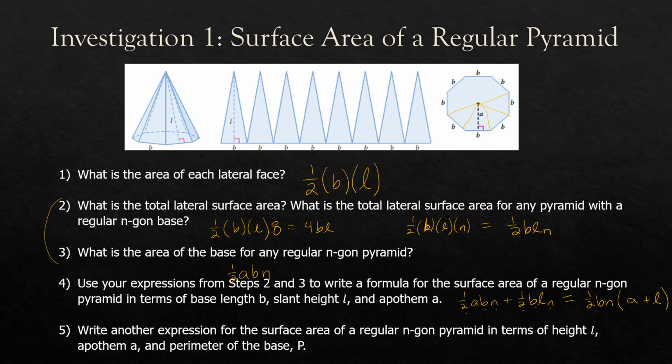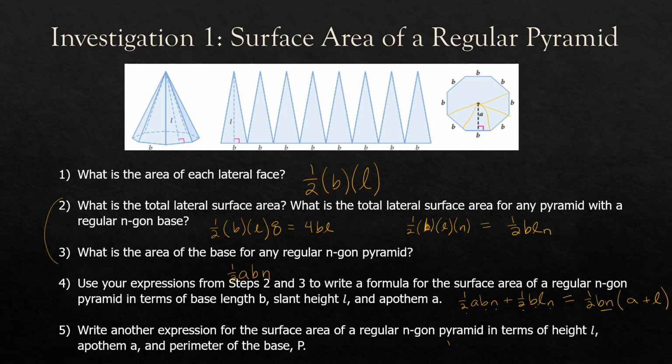Now we're going to write another expression for the surface area of a regular n-gon pyramid in terms of the slant height, apothem, and the perimeter of the base. What is the perimeter of the base? It's B, however many times there are sides. So B times N. So the perimeter is B times N. We have that right here.